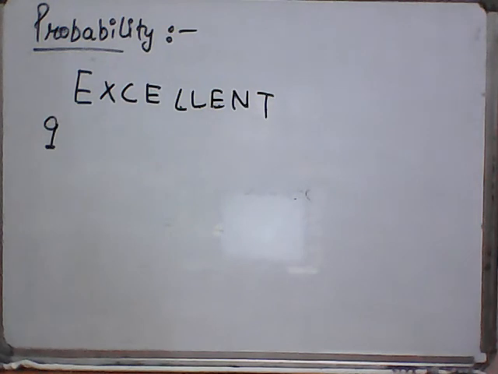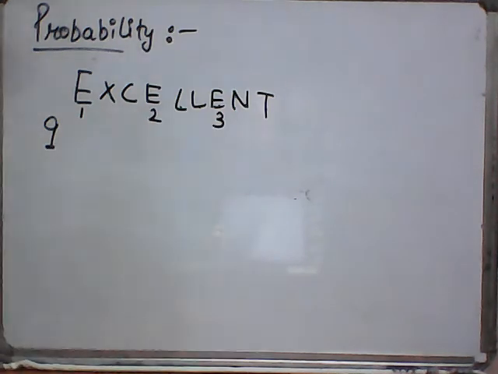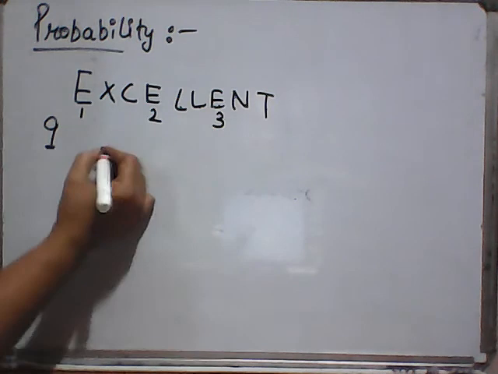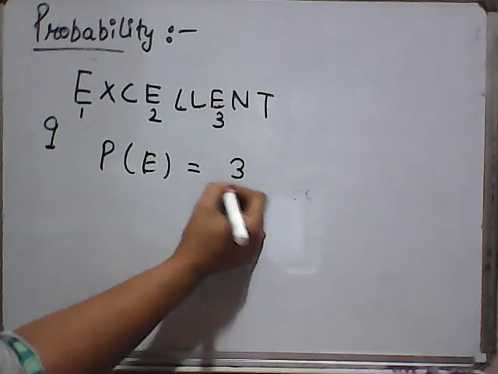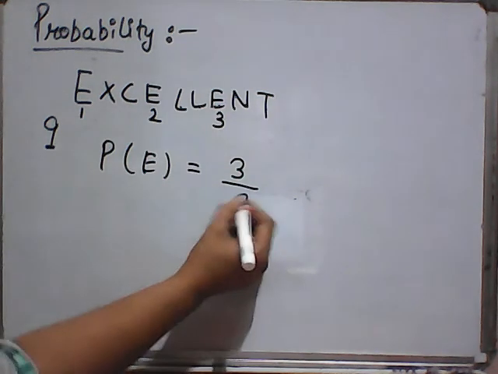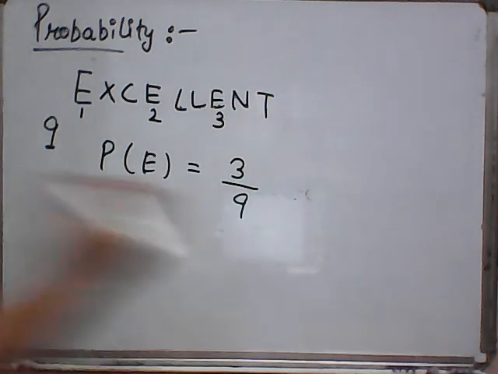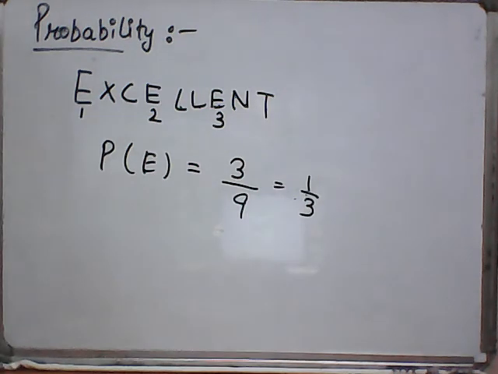You have to find out the probability of the letter E. The letter E comes 3 times. So, the number of favorable outcomes is 3. Probability of letter E is 3 divided by total letters, 9. So 3 divided by 9 is 1 by 3. In this way you can find out the probability of the letters.